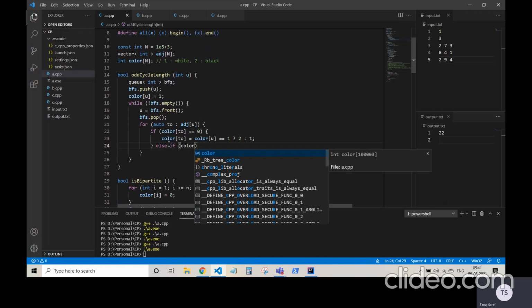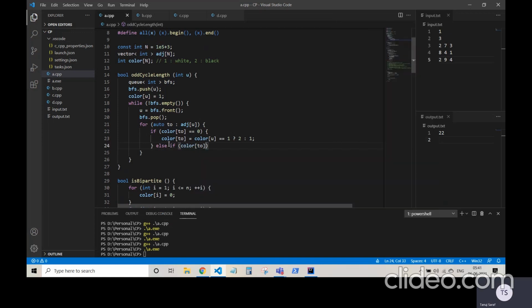Else if this node was not 0, that means this node has already been visited. But if this node has the same color as its parent, that is color of U, then we have to return true, that is we have found an odd cycle length. Why is this?